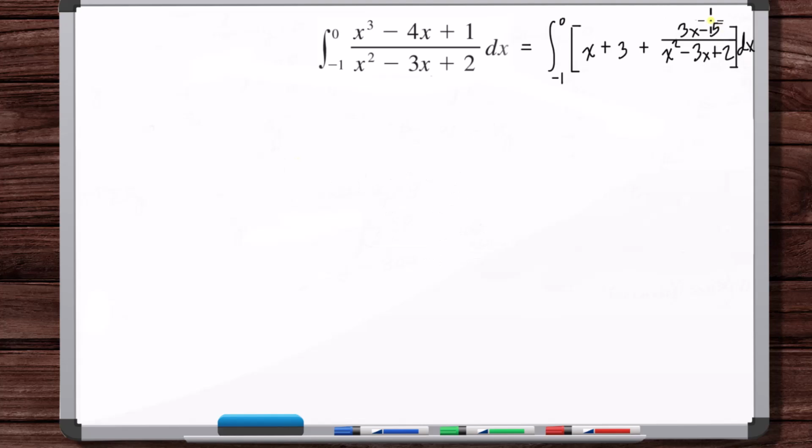So now we want to perform partial fraction decomposition on this rational function. Okay, so the degree of the numerator is less than the degree of the denominator. So next step is to factor the denominator.